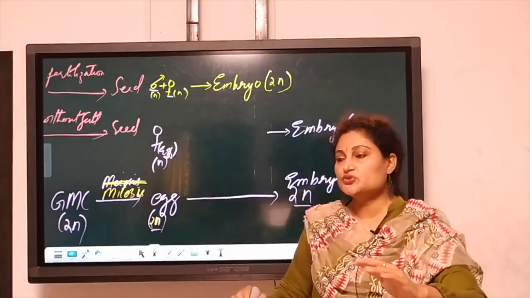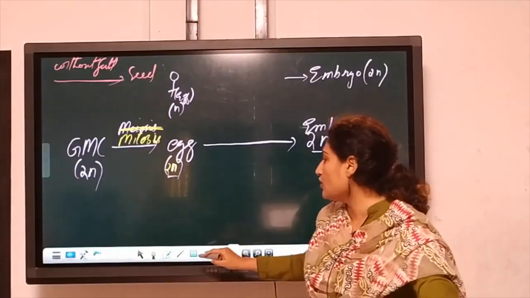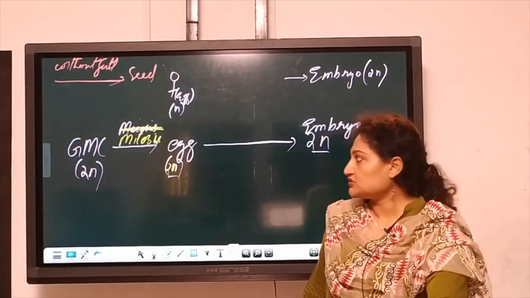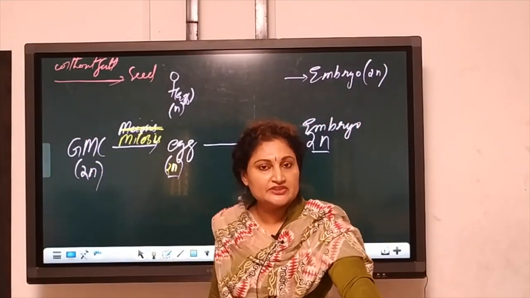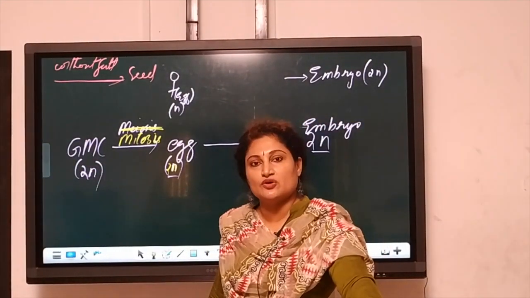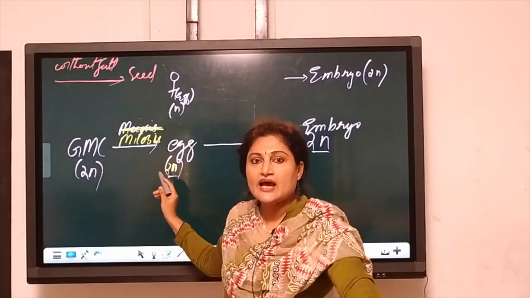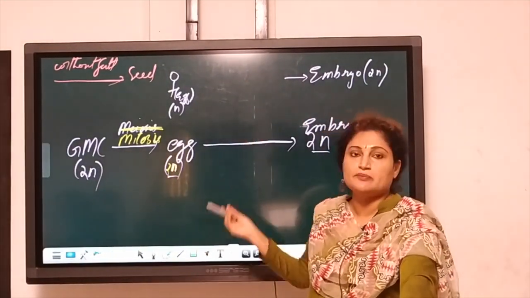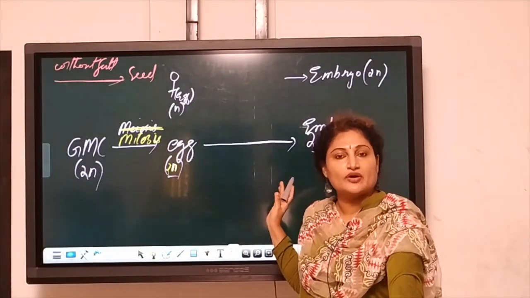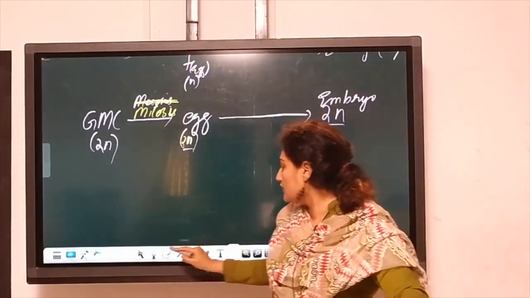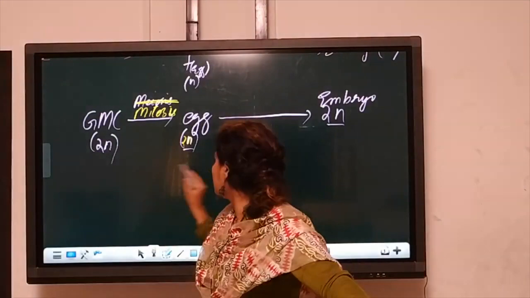Once again, the usual procedure of gamete formation is that the gamete mother cell, which is always diploid, undergoes meiosis to form a haploid gamete, and the haploid gamete fuses with the male gamete to form a diploid embryo. So this is the usual method.